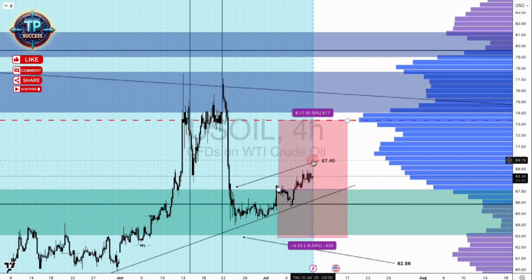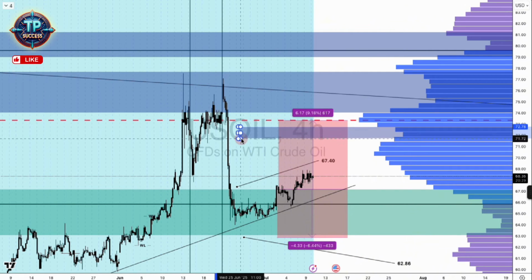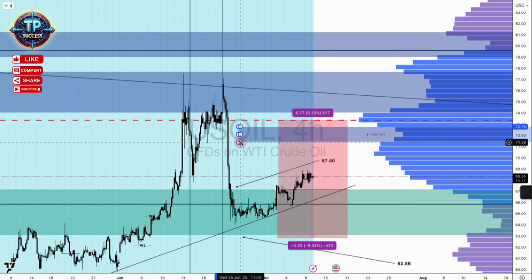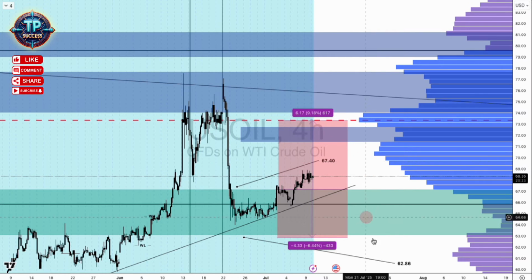There are a couple of areas we do need to be concerned about as price begins to push up, and these are the areas I want to draw to your attention. The first area of interest will be this location right here. So I'm just going to put a little box on it. And then we're going to put another box inside of it.